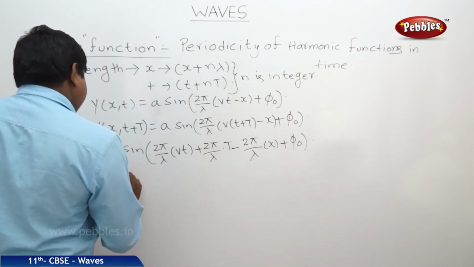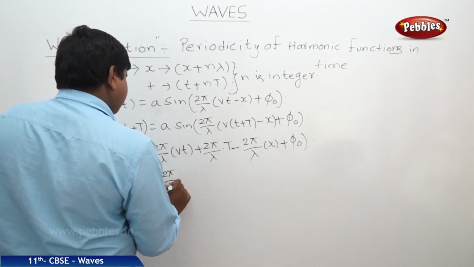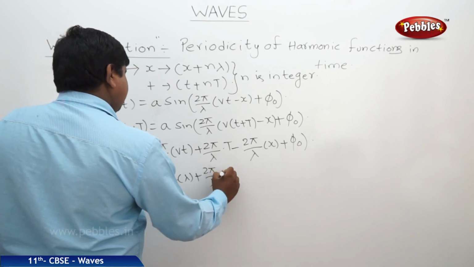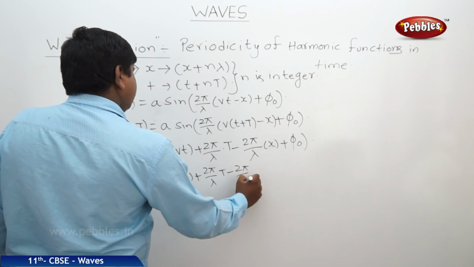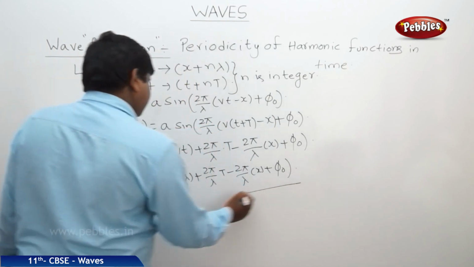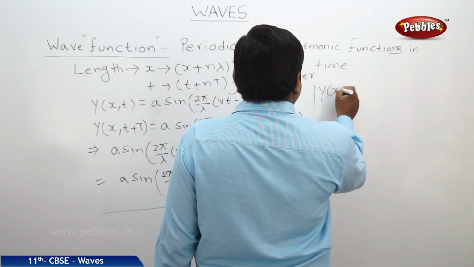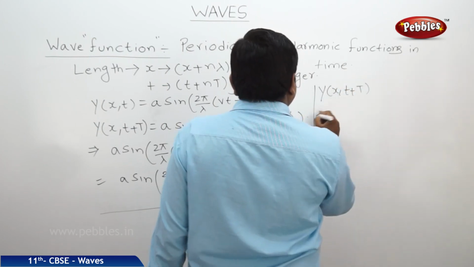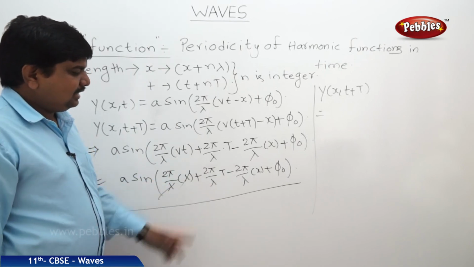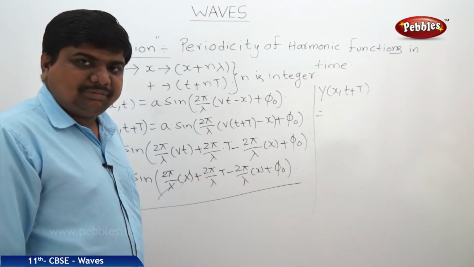Therefore A sin of 2 pi by lambda into lambda, plus 2 pi by lambda into vt, minus 2 pi by lambda into x, plus phi naught. In this case, y(x, t plus T) is equal to, with lambda and lambda cancelled, 2 pi by lambda into vt minus x, which is nothing but vt minus x.